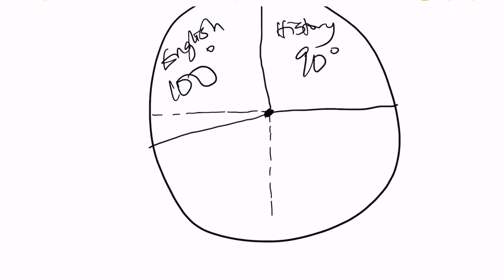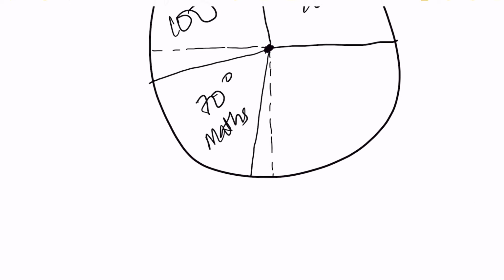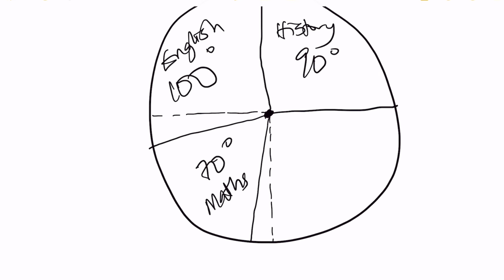Now we can draw our 70 degrees for mathematics. This is 70 degrees for math. So this is an extra 10, adding it plus a 20. This is 30 degrees for biology.